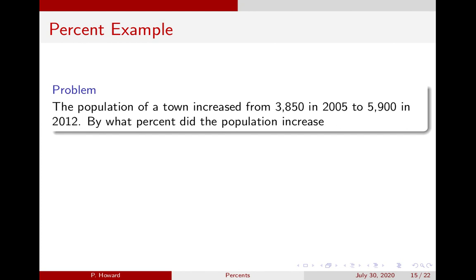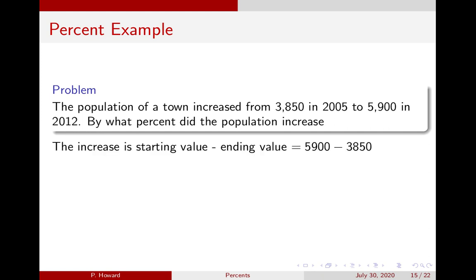To get the percent increase, we take the ending value minus the starting value and divide by the starting value. So the increase, forgetting about percentages, is the ending value minus the starting value. That would be 5,900 minus 3,850.